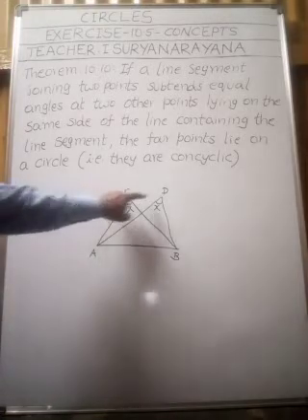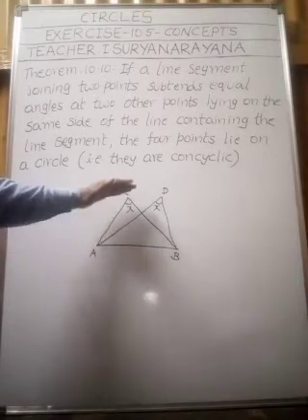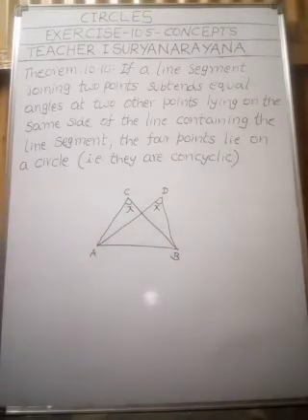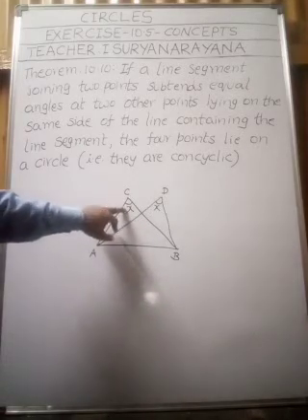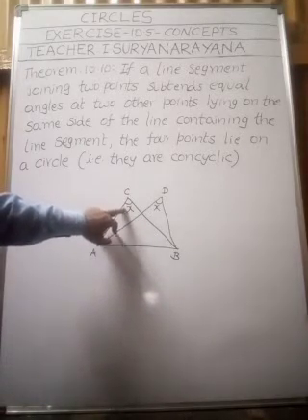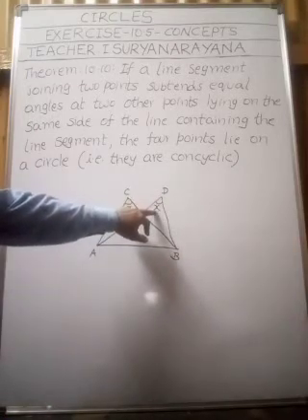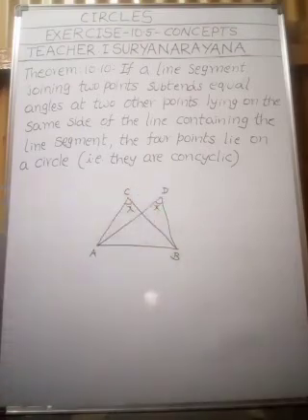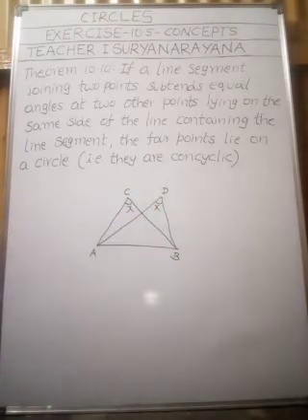Here C and D are 2 points in the same plane, on the same side of this line segment. If this line segment subtends some angle x at point C and the same angle x at point D, it means these two angles are equal. Understood this point, my children?